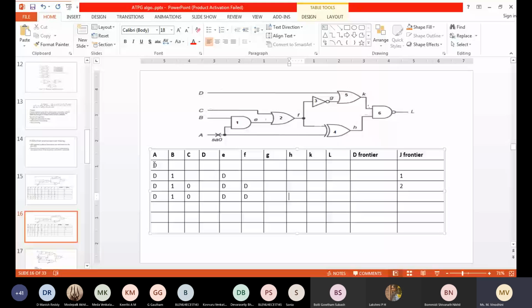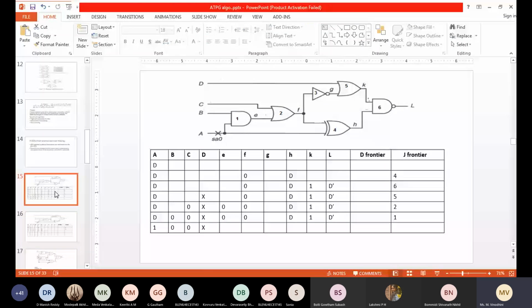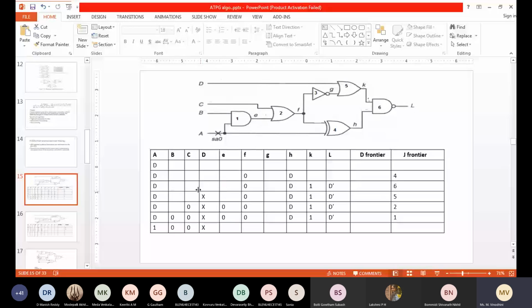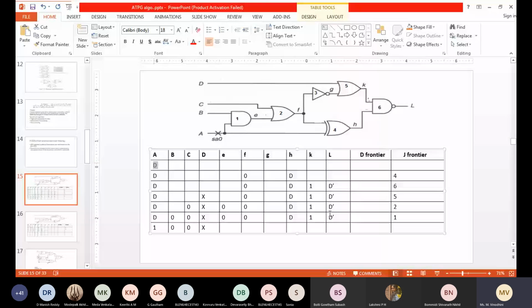Any doubts, students? So for this question, for the Podem algorithm, try to fill these values properly. This D frontier and J frontier accordingly for each row, whatever answer you are getting, that you try to fill here. From my main exam point of view, I'm telling, main concentration will be given to this part.